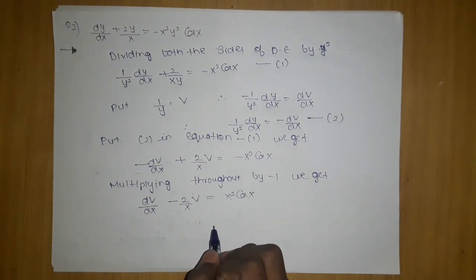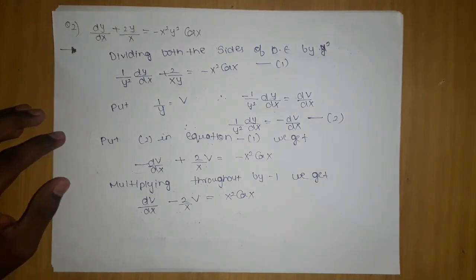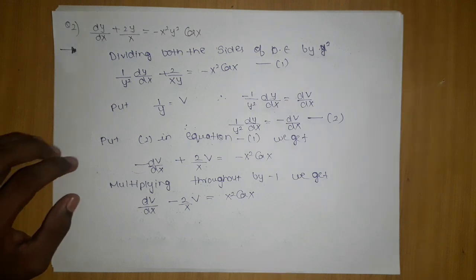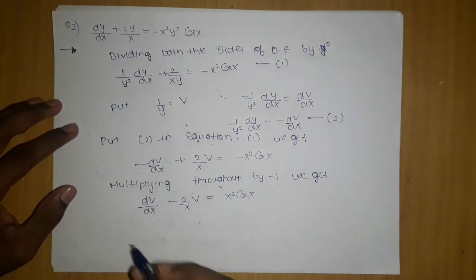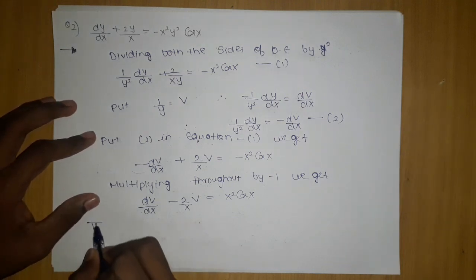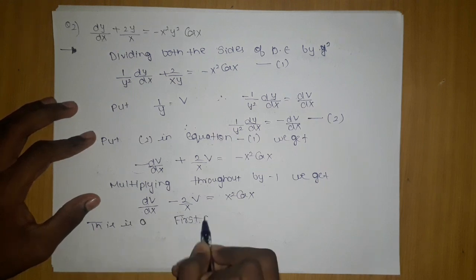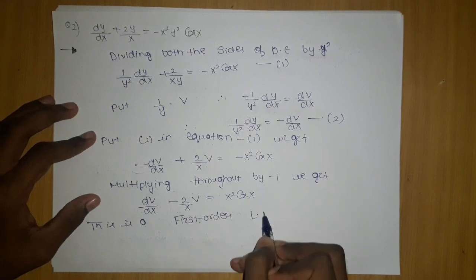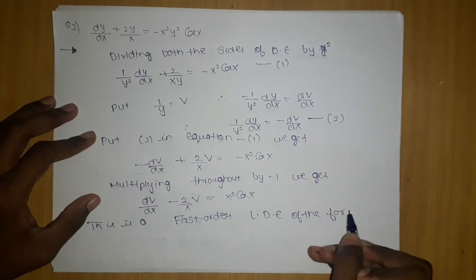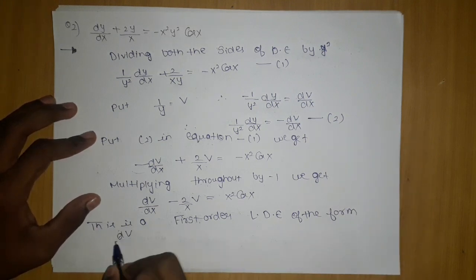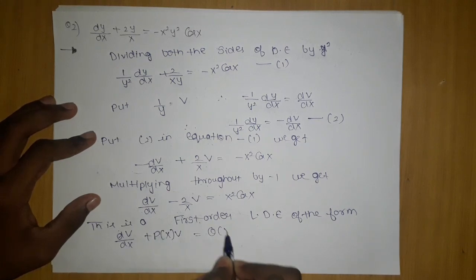After this, this is a linear differential equation and we can solve it by finding its integrating factor, and we know the formula for its solution. So this is a first order linear differential equation of the form dv by dx plus p of x into v equals q of x.